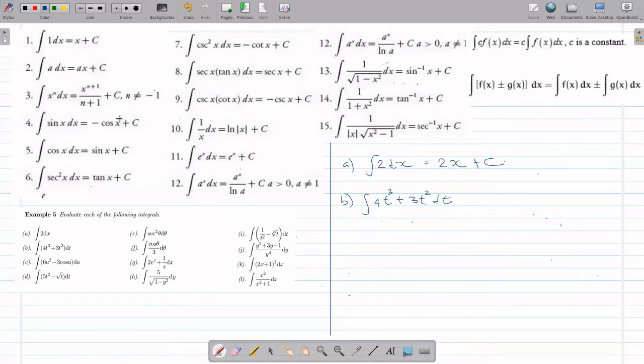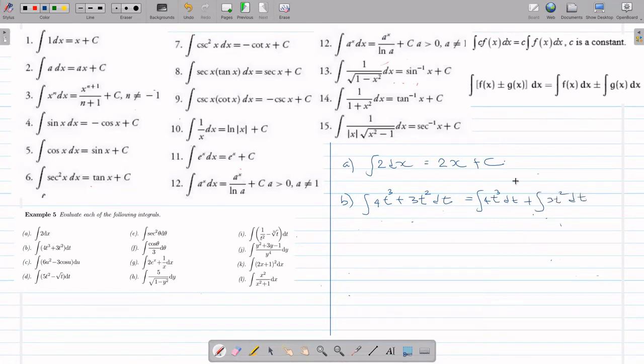Here there is no direct integration for that whole function together, but I can use the sum rule and break it down into a sum of integrations. The integral of 4t cubed dt plus the integral of 3t squared dt.